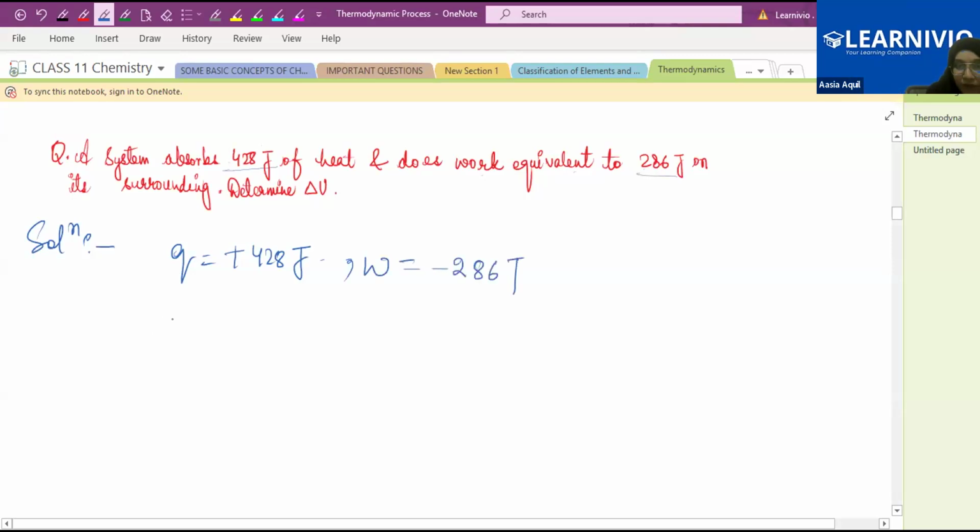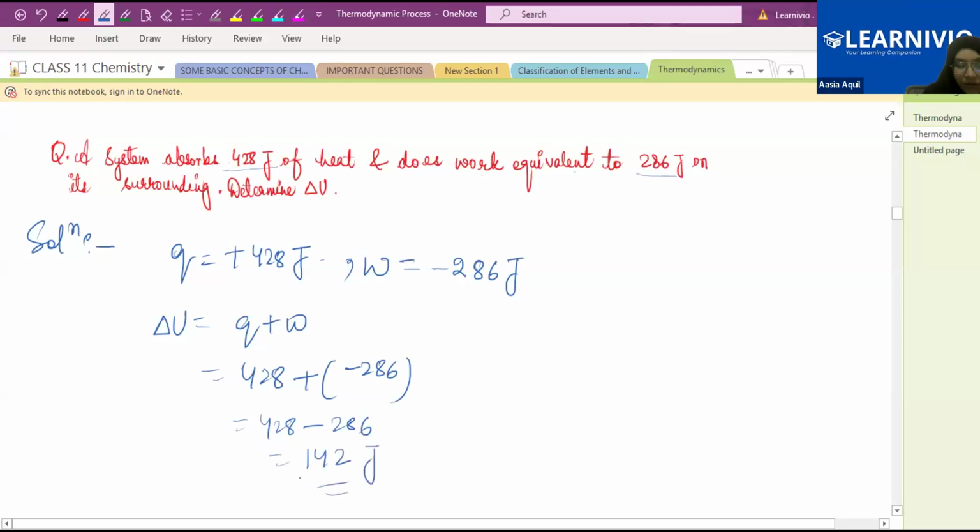Now we know the formula delta U equals Q plus W. Now put the values: 428 joule plus minus 286. So it will give you 142 joule. So what is the value of delta U? It's 142 joule. Clear? Yes, ma'am.